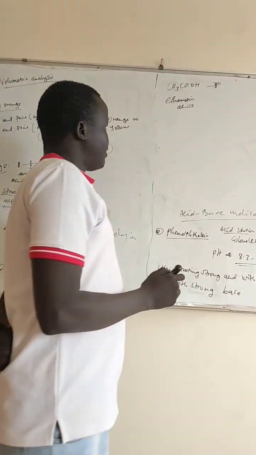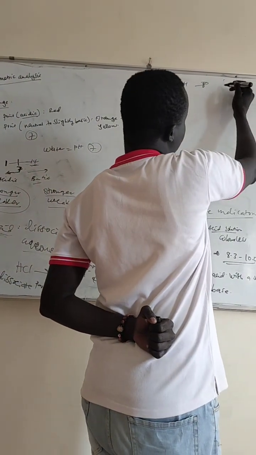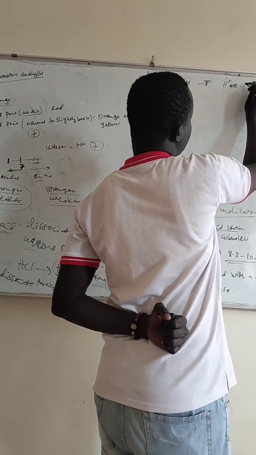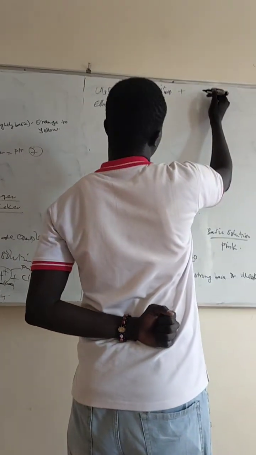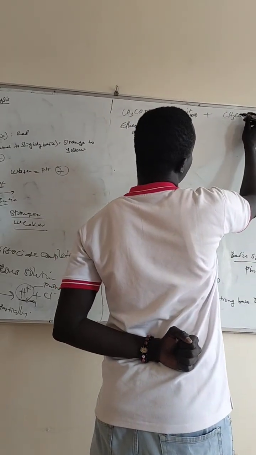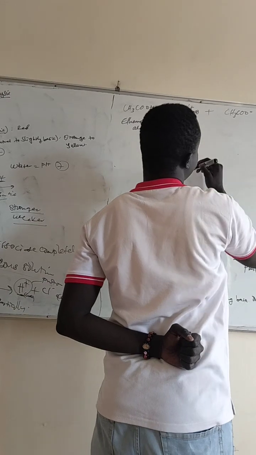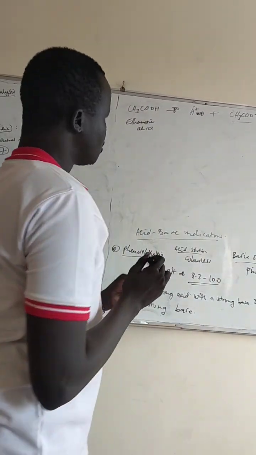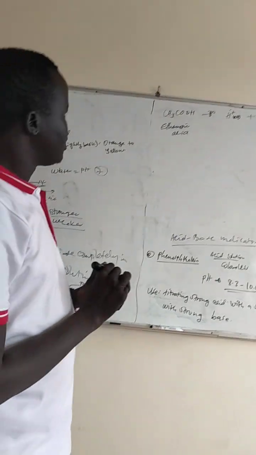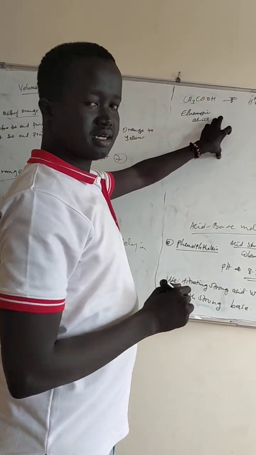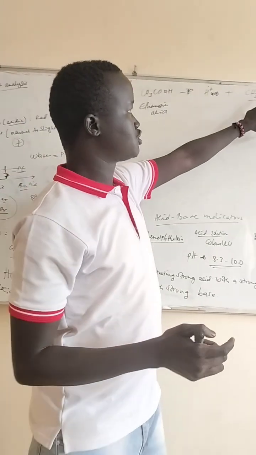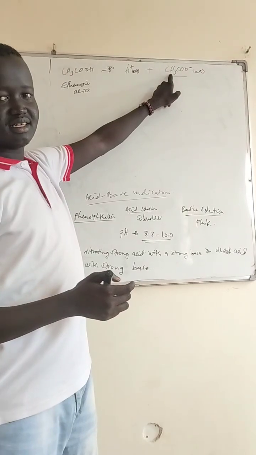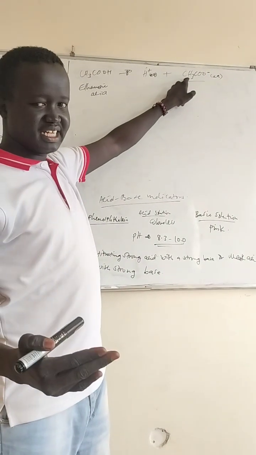This one will dissociate to give us a hydrogen ion, which is our proton, plus the ethanoate ion, CH3COO negative, also aqueous. So it dissociates partially, because there are still some protons in the molecule. It did not donate all its hydrogen ions.